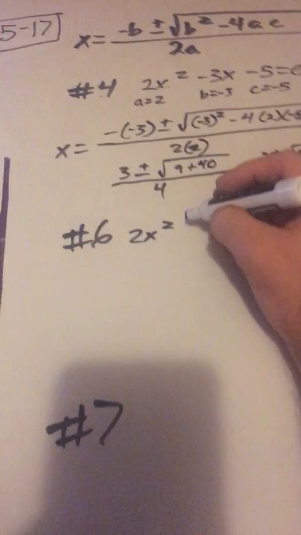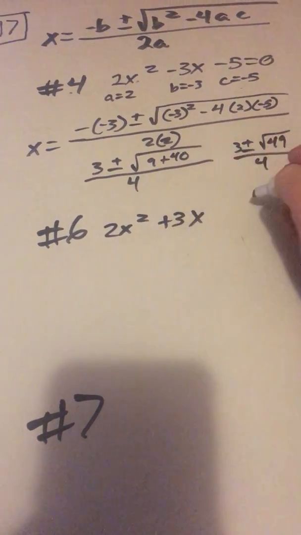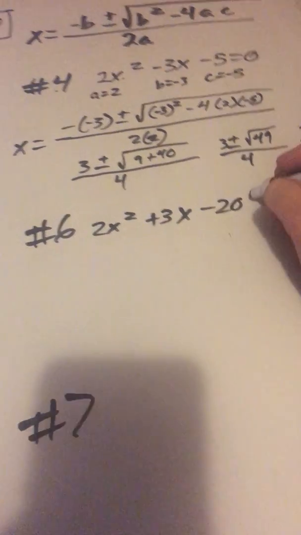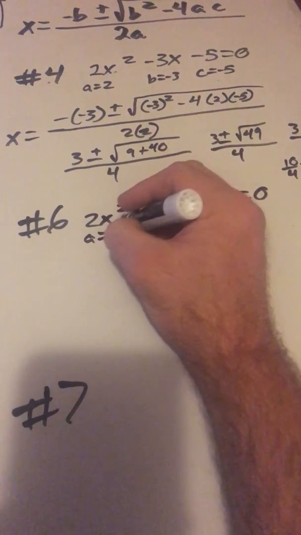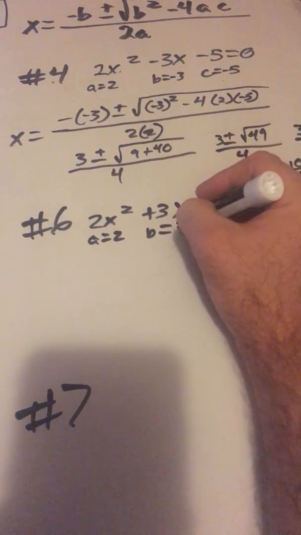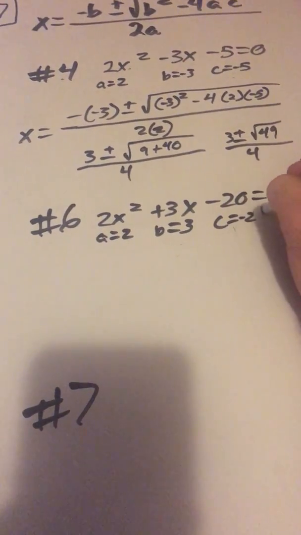Now number 6. I have 2x squared plus 3x minus 20 equals 0. So I have a is 2, b is 3, c is negative 20.